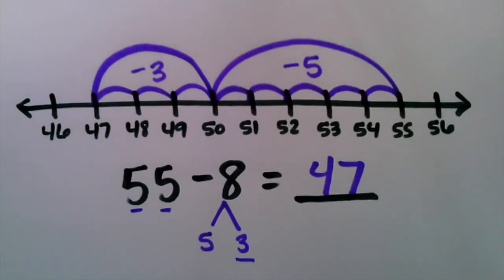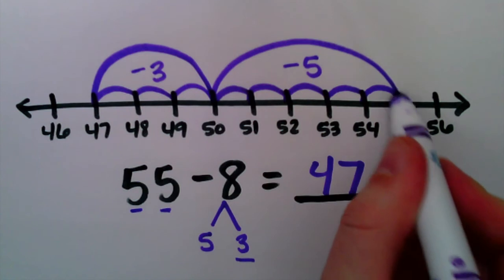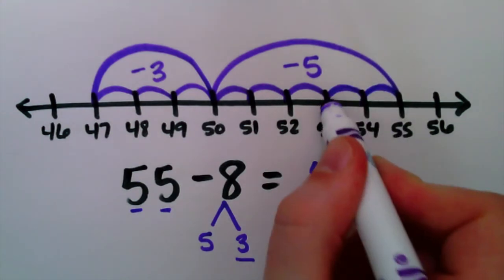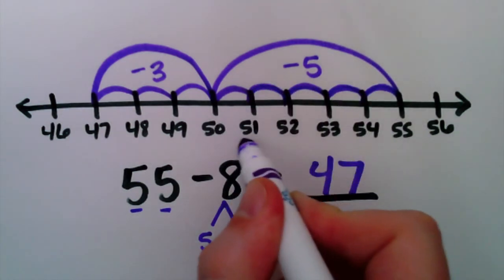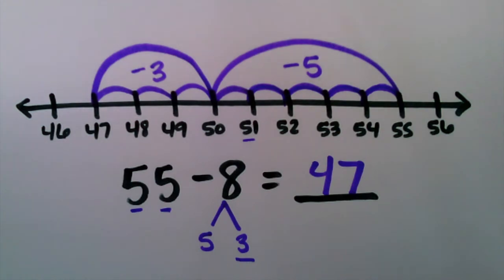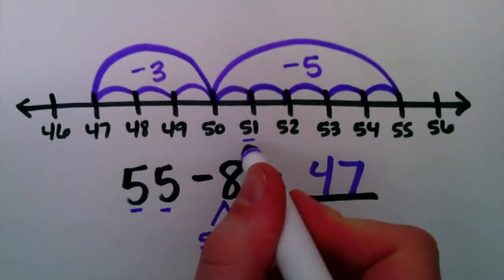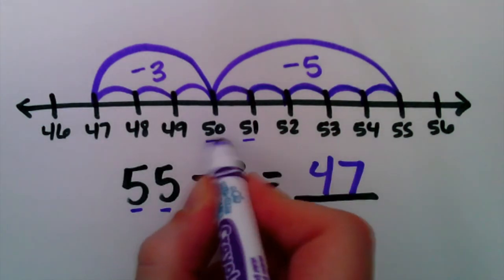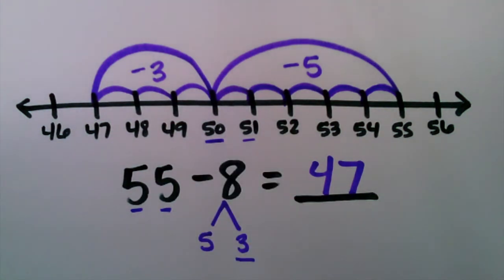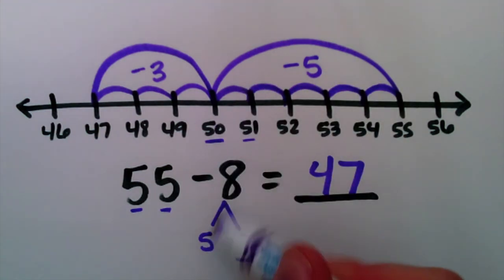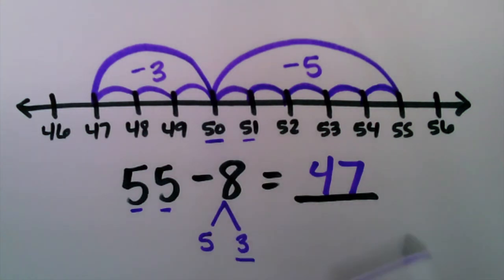If we subtracted 4, we would get 1, 2, 3, 4 and land on 51. And 51 is not a tens number. We wanted 50. That's a tens number. So we had to take away 5. And so 8 is made up of 5 and 3.